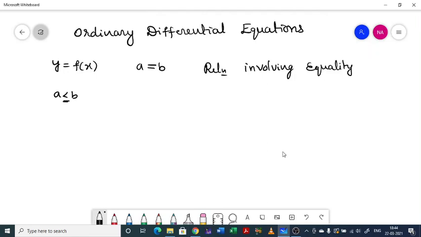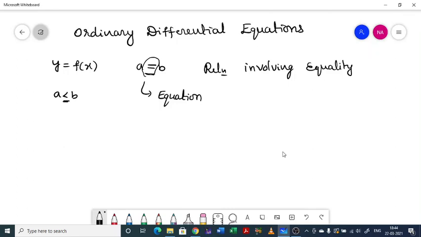A relation which involves the equality sign, that type of relation we call an equation. An equation generally will be of the form left hand side equal to the right hand side. Strictly speaking, an equation is a relation that involves variables and an equality sign.